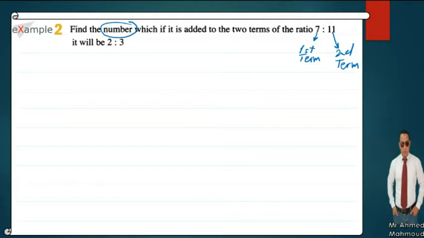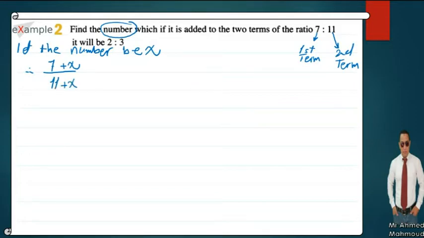to 3. Okay, the first step, I will write: let the number be x. Therefore, this is the form of the ratio: 7 plus x over 11 plus x equals 2 over 3.